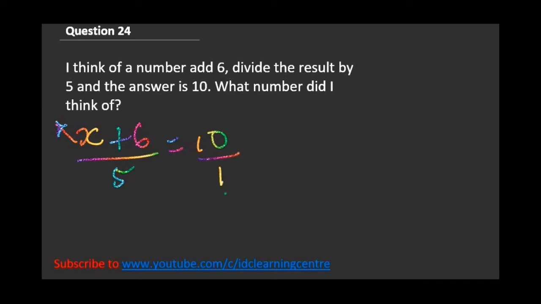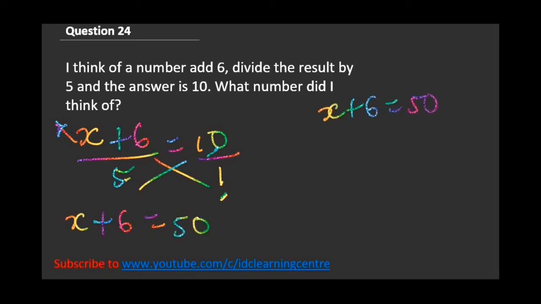All numbers have a denominator of 1, then cross multiply. X plus 6 times 1 will give me x plus 6 equal to 5 times 10 will give me 50. Collect like terms. If x plus 6 equals 50, move 6 to the right hand side, the plus changes to minus. X will be 50 minus 6. X equals 44.